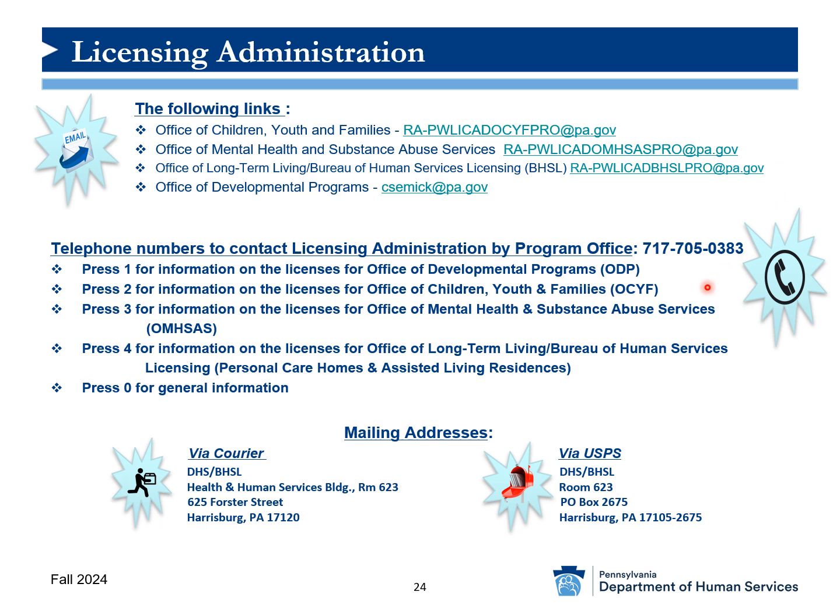We also list the telephone number. Should you have any questions, you can call the telephone number, and then depending on which program office you would be applying to, you would select one of the 5 numbers listed there.